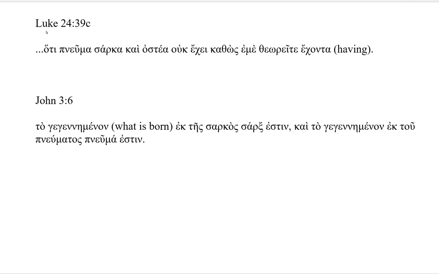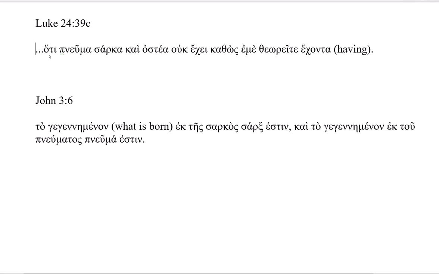So we have Luke 24:39 near the end of that verse. We have hoti pneuma sarka kai ostea ouk echei, kathos eme theoreite echonta. This is a nice participle. We haven't had participles yet, but we will soon. So hoti, that, and now we have pneuma.